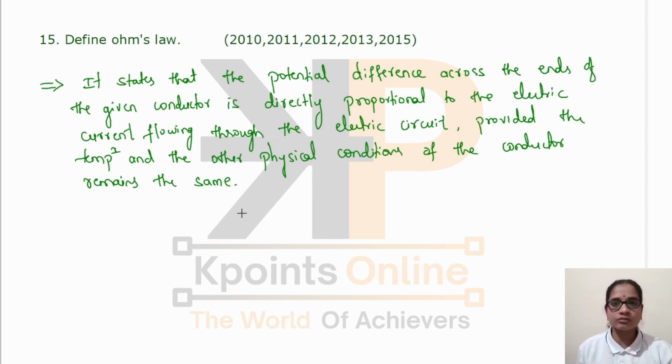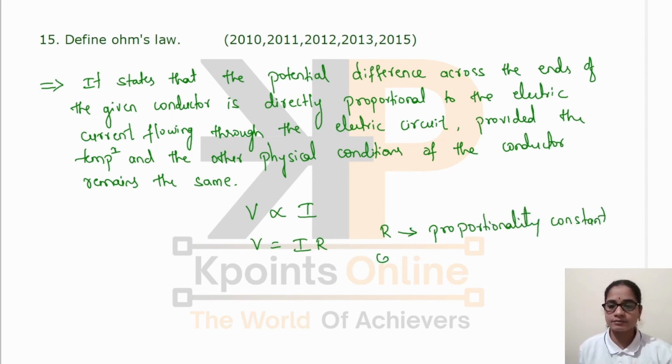What is the mathematical form of this law? V is directly proportional to I. V is equal to IR, where R is the proportionality constant. It is called as resistance. And it is constant for a given metallic wire at constant temperature.